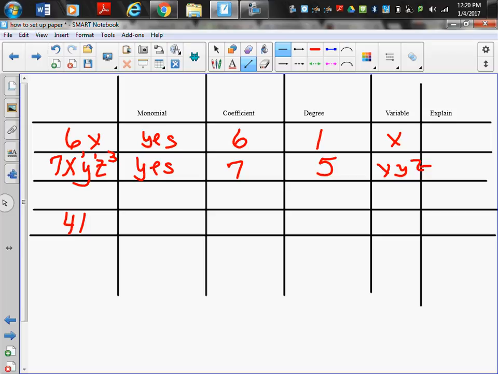So is this a monomial? Yes. So what's my coefficient? 41. So this is the same as 41x to the 0. So what is my degree? 0.